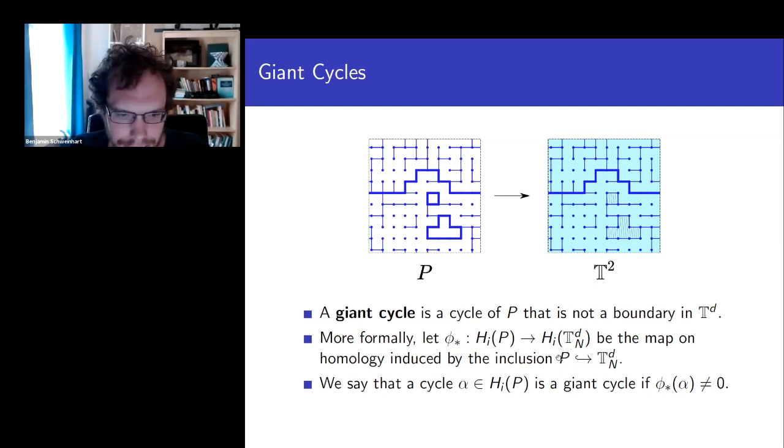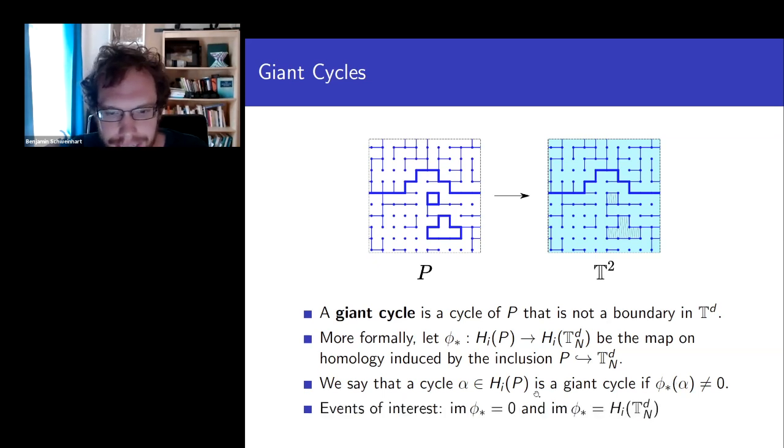So we get a linear function here. And then we say that a cycle in the I homology of the plaquette system is a giant cycle if it's not 0 when we map it to the homology of the torus. So the image of phi star is a vector space because, as I've said, phi star is a linear map induced by this here.